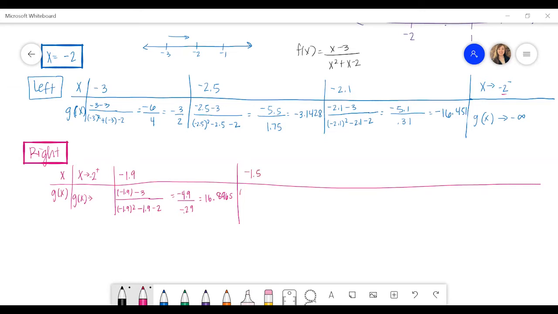Okay, so then how about -1.5? So -1.5 minus 3, -1.5 squared minus 1.5 minus 2. So this is -4.5. Squared is 2.25 minus 1.5 minus 2, -1.25.